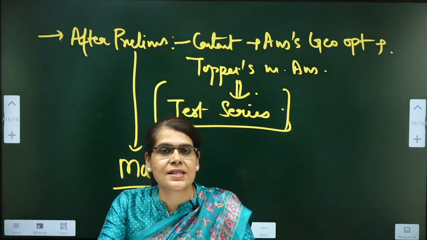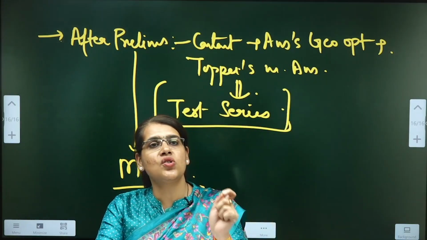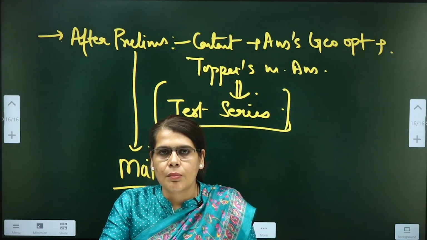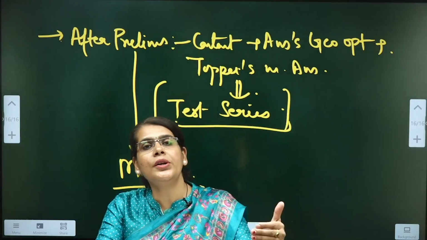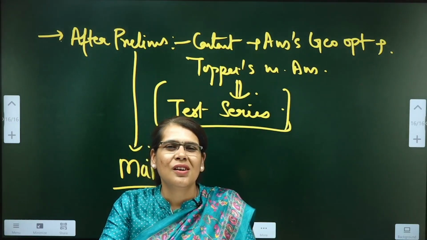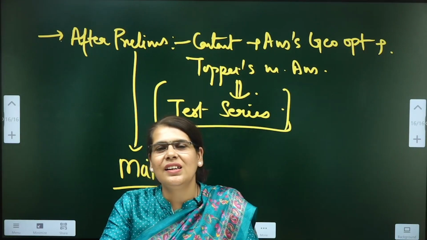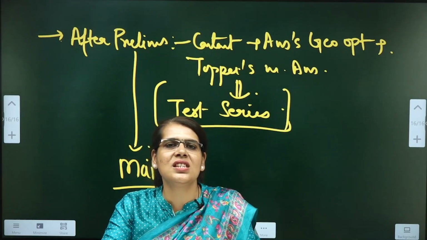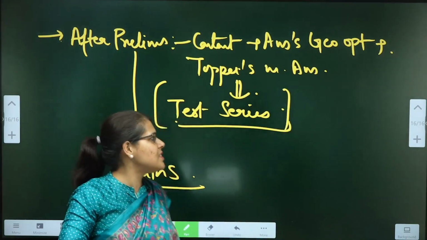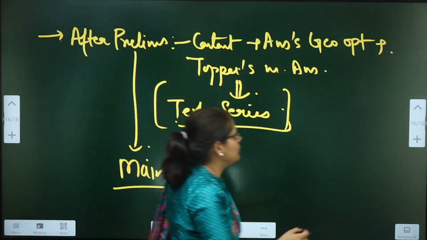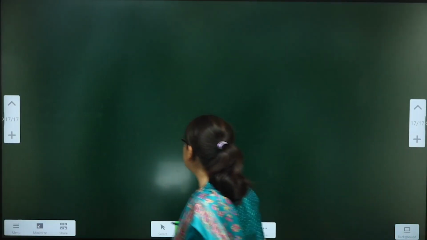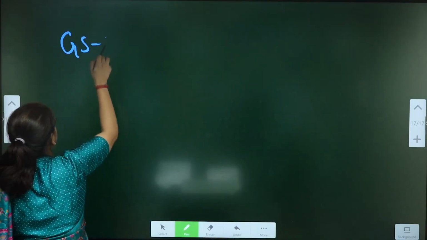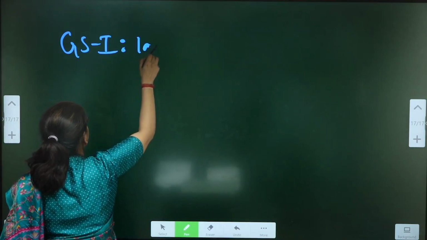You must harness it. Prepare for geography optional in a very strategic manner from henceforth, because the time that you are going to invest in the geography optional will also pay you dividends in the GS papers. Geography has a huge overlap with the GS papers. So for example, I must tell you here itself that in GS1, it is somewhere around 100 marks.